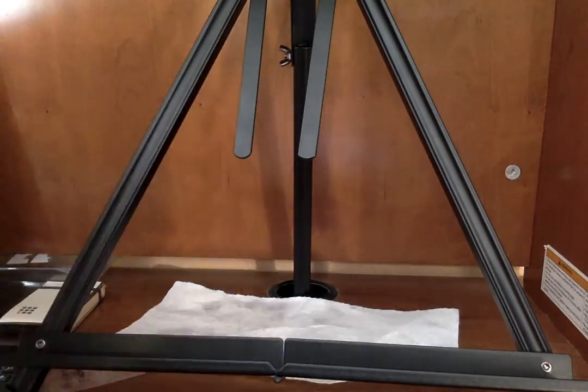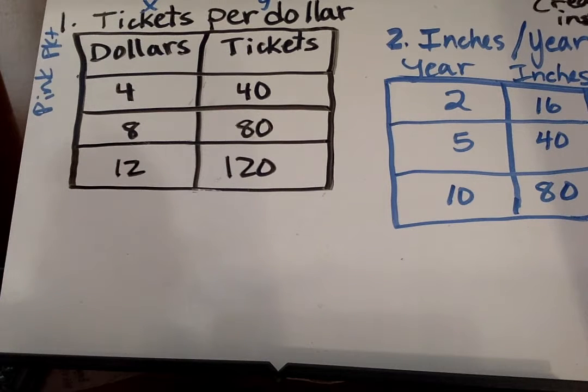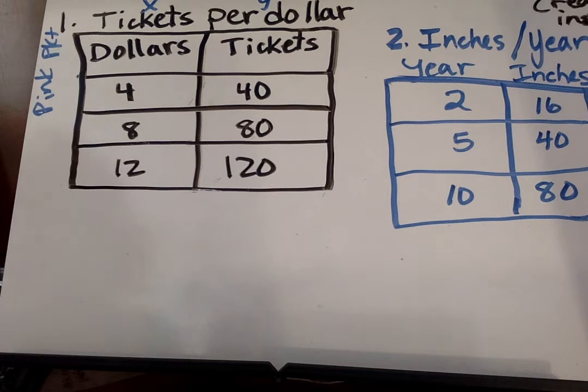So here we have the pink packet, and I believe your pink packet, that is going to be page 12. Okay. Our first one is use the table to find the unit rate and the given interpretation.